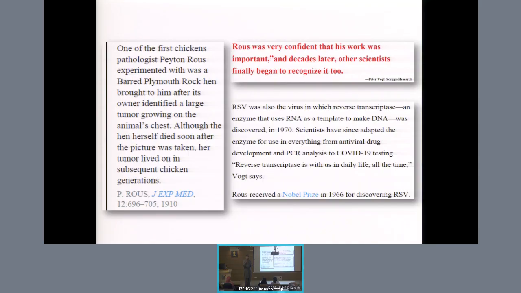He took some and put it in a normal one. The normal one also developed the tumor. So he put the idea that something has been transferred from the tumorous outgrowth into the normal chicken that led to the emergence of tumors. That was his idea. अभी उसे पता नहीं था कि ये retroviruses क्या है या genes क्या है.